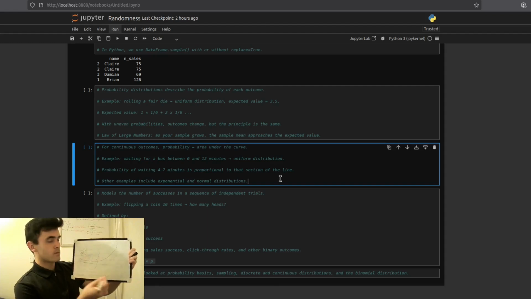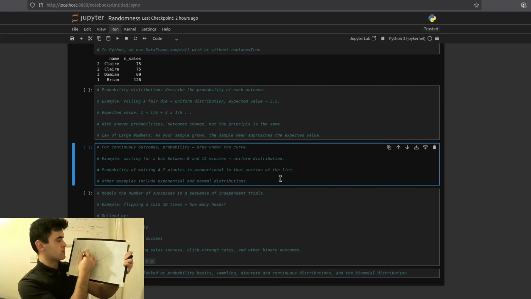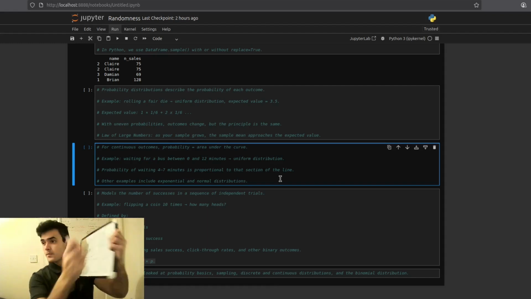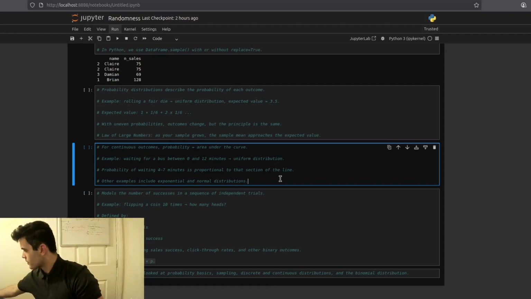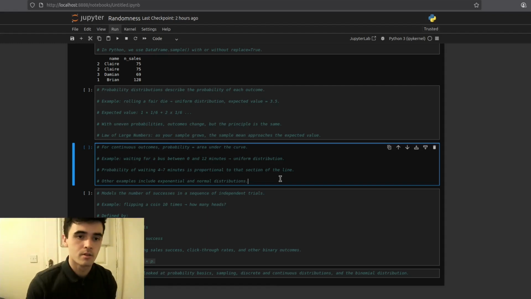It involves exp, Euler's number, which is pretty cool. It's about 2.7, I can't remember exactly off the top of my head right now, but it's a pretty cool number. You have to look into Euler's number, it's really cool.